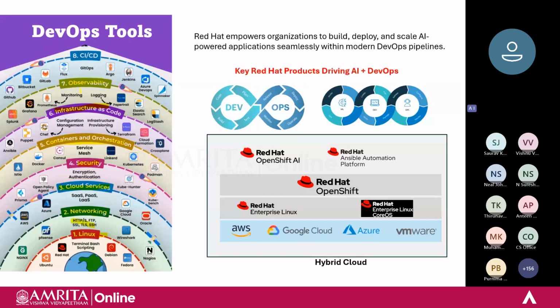So all these are the monitoring tools. And finally, the last layer is CI/CD, right? Where you have Git, GitLab, Bitbucket from Atlassian, Argo CD, Jenkins, Azure DevOps. These are all the tools that add value, that perform your CI/CD pipelines, right?